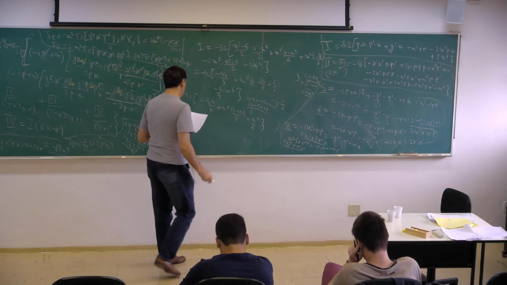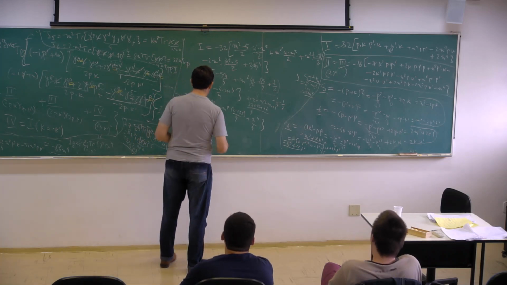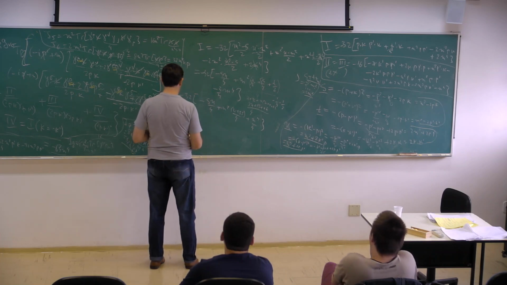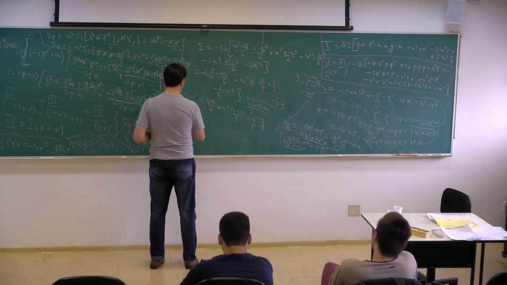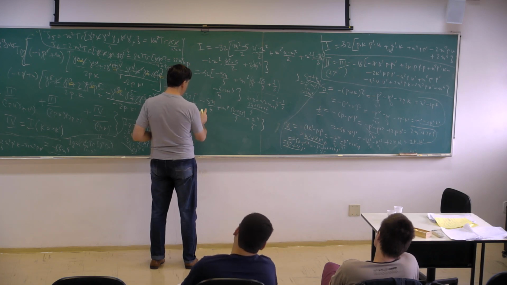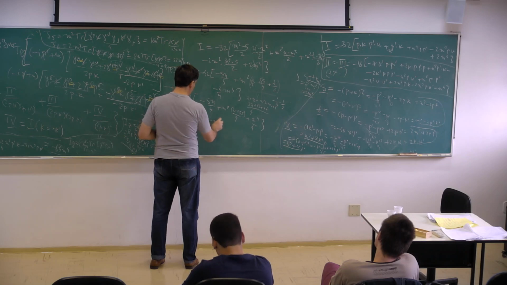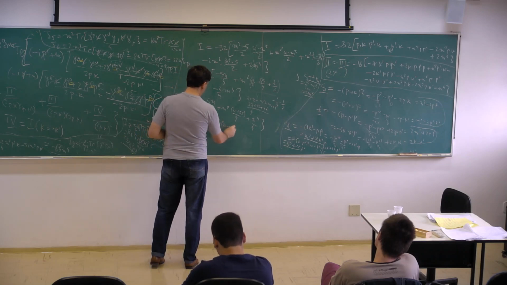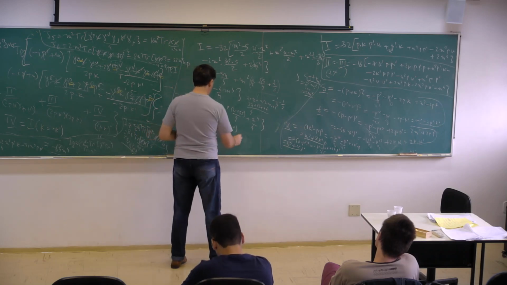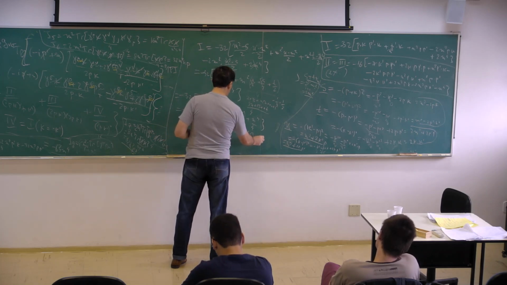Okay. And then I want to put a 2 inside, so minus 16, and this is minus a half s minus m squared u minus m squared plus m squared s minus m squared plus 2m4.